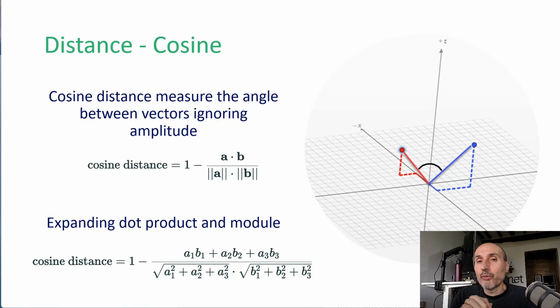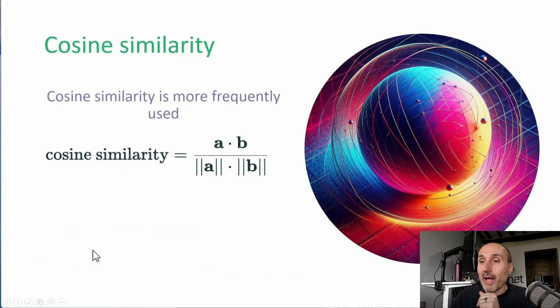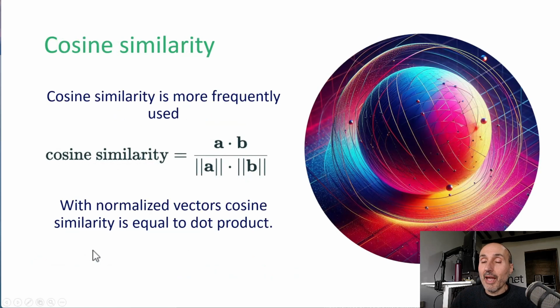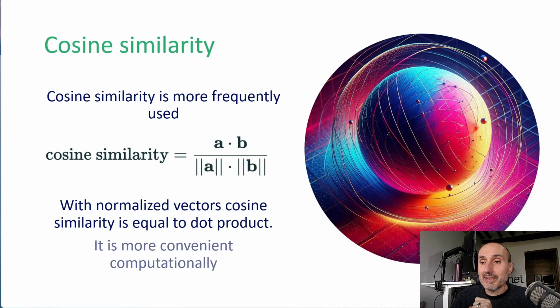So it's not so good, but you have one caveat. If you look at the first formula, it is the dot product divided by the product of the lengths of the vectors. So if the length of the vector is 1, the denominator goes away, and you can really use a dot product for calculating the distance, and the dot product is more convenient in a computational way.